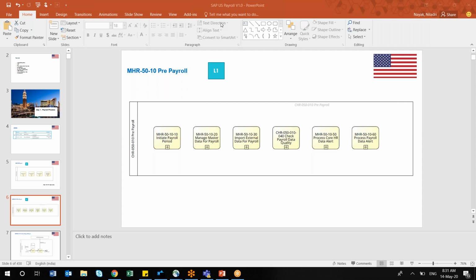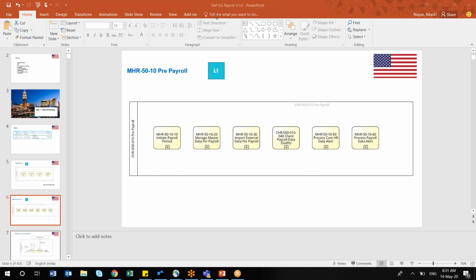Then you can include that validation tool in a policy, include that policy in a process, and test whether the validation rule is working. In this way we can create those different alerts and process payroll data alerts. That was the idea to cover.